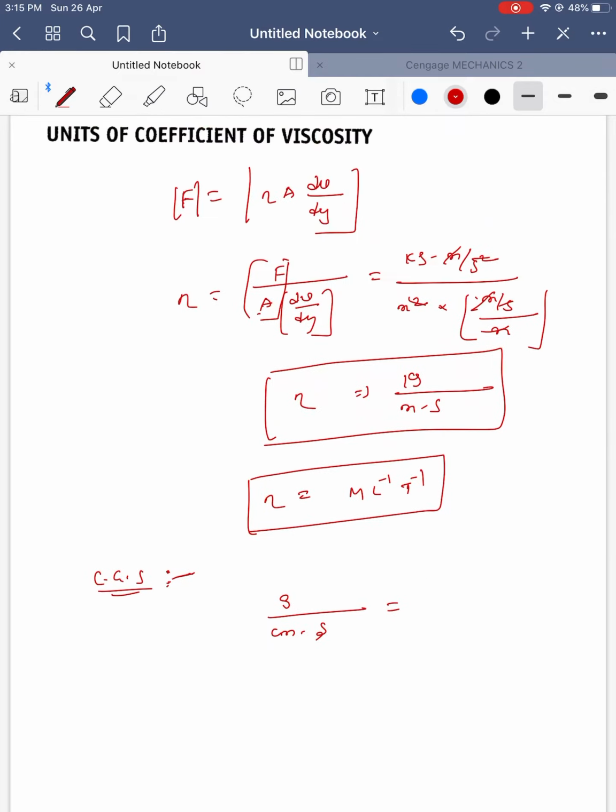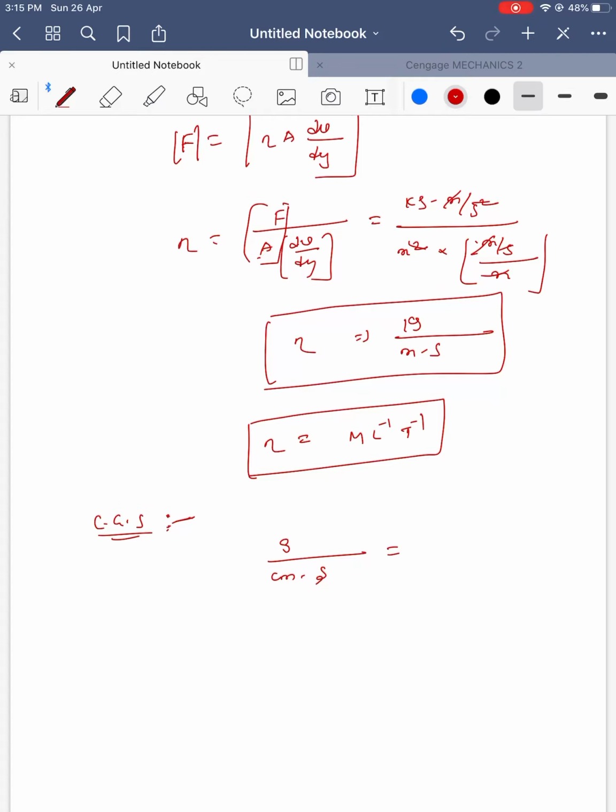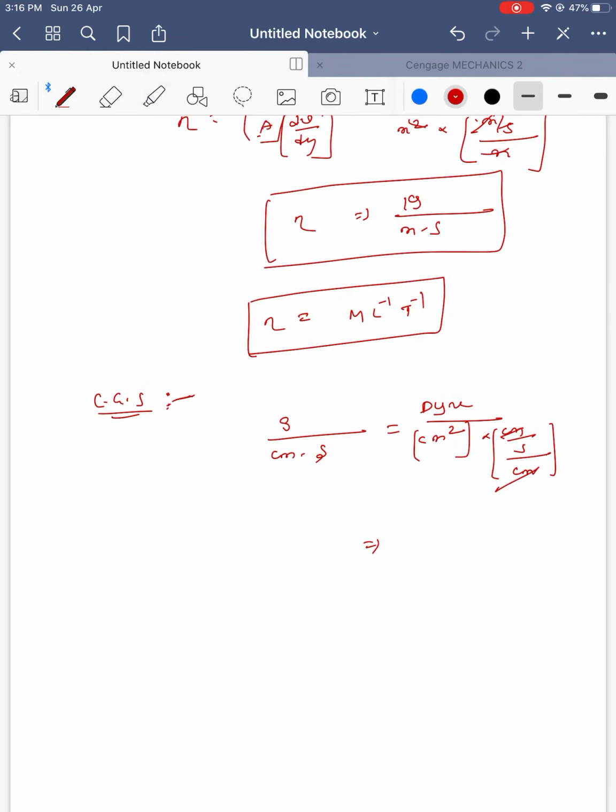Force in CGS units is dyne by centimeter square into centimeter by second by centimeter, centimeter gets cancelled, so it is dyne second over centimeter square.